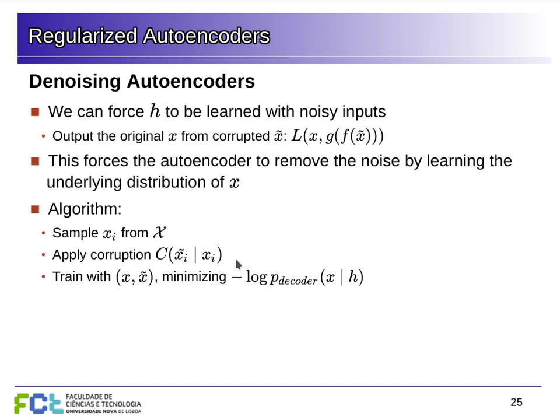But the exact kind of noise depends on what we're doing, and there are several possibilities. But the idea is basically the same. We create some corruption on the original image, and then we feed this corrupted version of the data into our autoencoder and minimize the loss with respect to the original image. So we force the autoencoder to give us back the original image without the random noise.